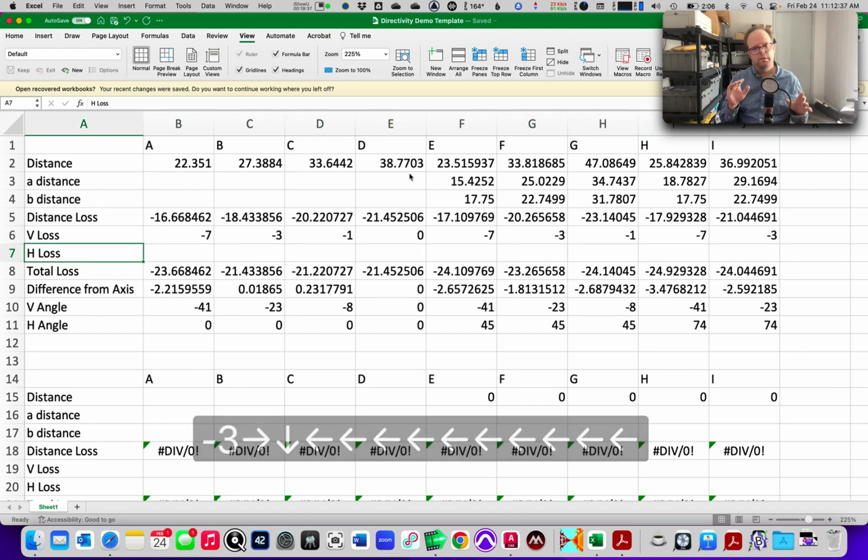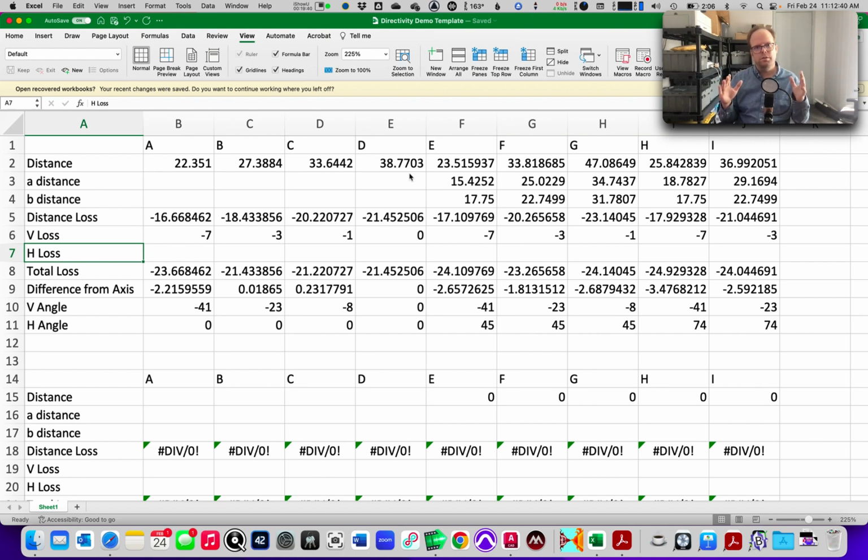Now, as a side note, in real life, these wouldn't be a perfect summation of the vertical and horizontal loss because the dispersion is probably somewhat conical, but we don't have that information in polar plots. We just have horizontal and vertical. And when you have something like EASE or any of the other options that are out there, it has data at multiple angles besides just horizontal and vertical.